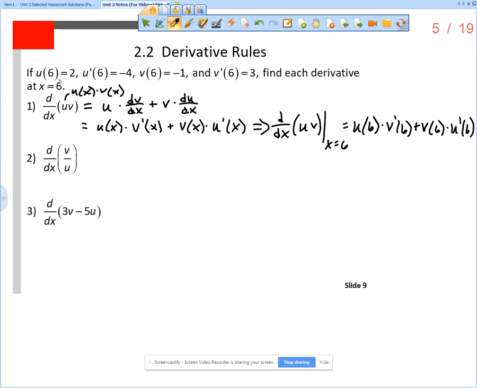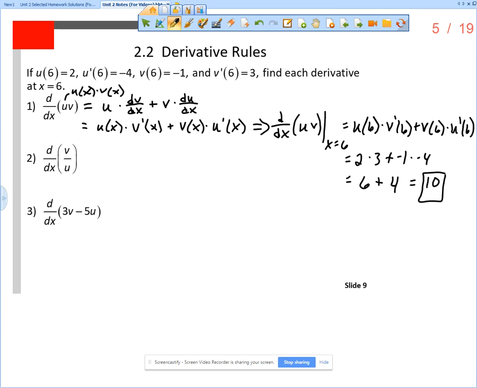If I look back up here, u of 6 is 2, so this is going to be 2 times v prime of 6, and v prime of 6 is 3. 2 times 3 plus v of 6, which is -1, times u prime of 6, which is -4. So I have 2 times 3, which is 6, plus -4 times -1, that's 4. So this result is 10.